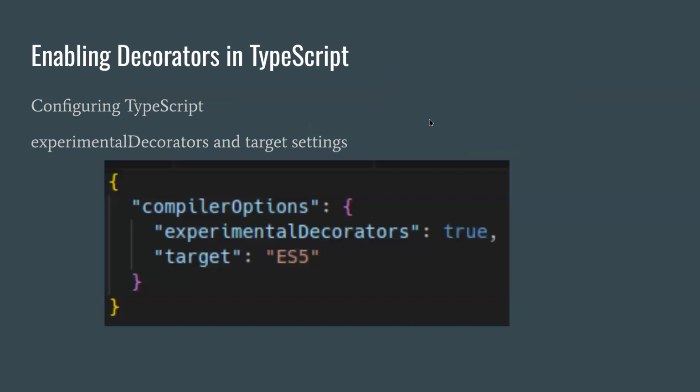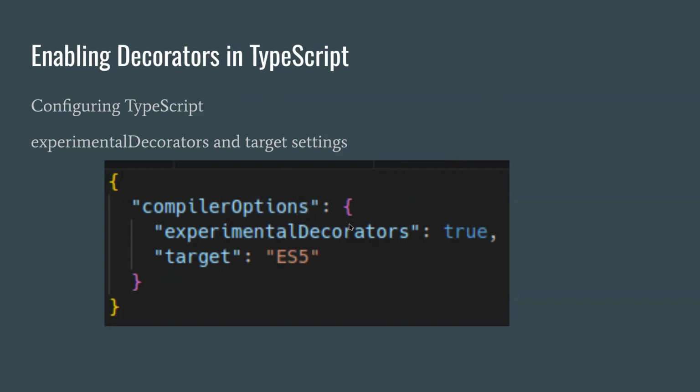Enabling decorators in TypeScript. In order to start using decorators in TypeScript, you first need to enable them in your compiler options. This is done by setting experimental decorators to true in your tsconfig.json file. Here is a tsconfig.json snippet that shows how you do it.